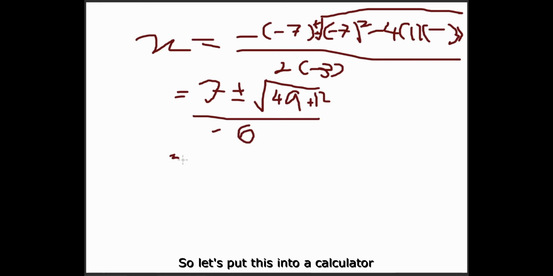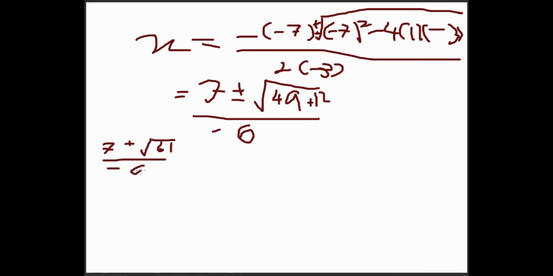So let's put this into a calculator. Actually, when we reach this point, what we'll have to do is we take either plus and minus and we separate them into two. So for this side, we take 7 plus square root 61, because 49 plus 12 equals to 61, divided by negative 6.